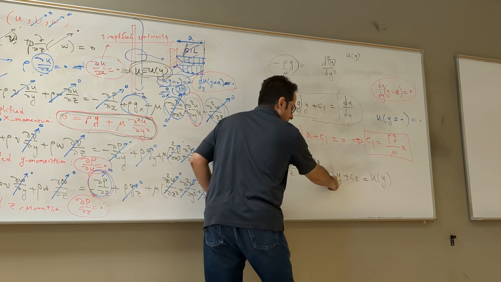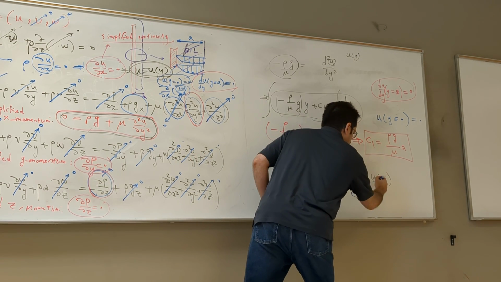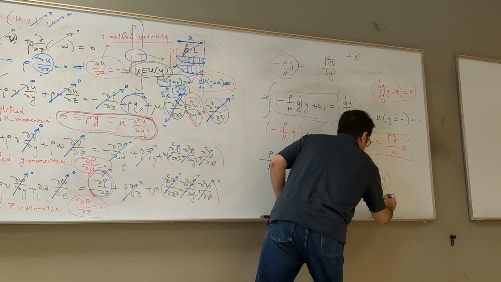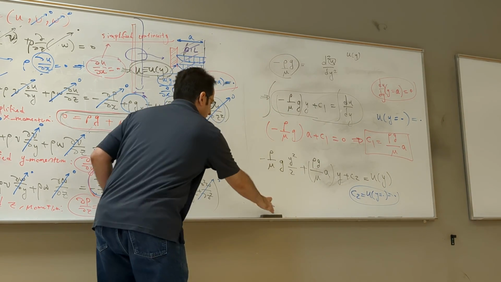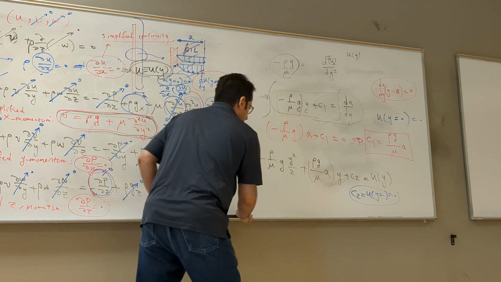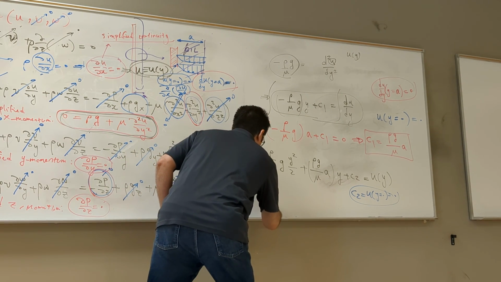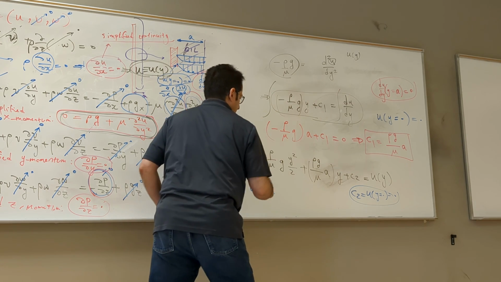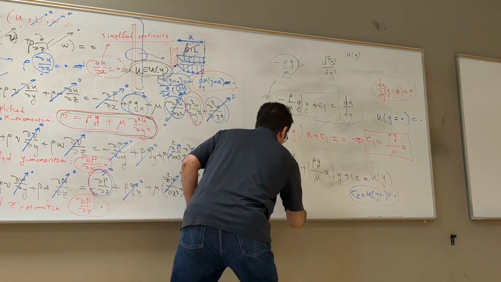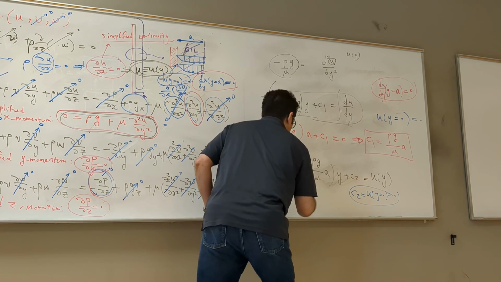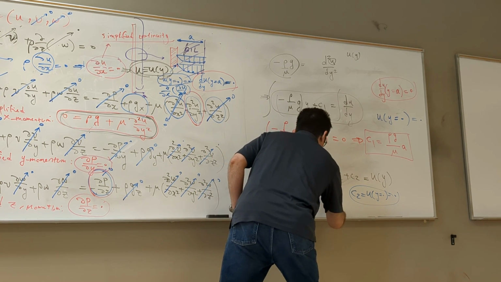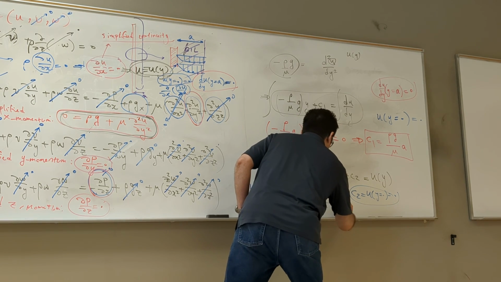If you put y equal to 0, you get c2 must be equal to u at y equal to 0, which is 0. So that means c2 is 0. So the final u of y is what? The final relation for u of y is equal to negative rho g over mu times y squared over 2 plus rho g over mu times a y.